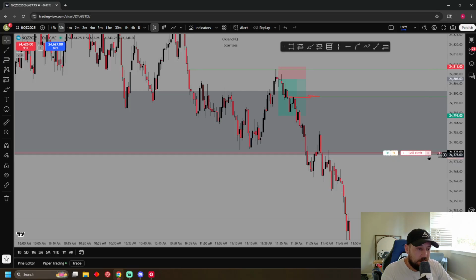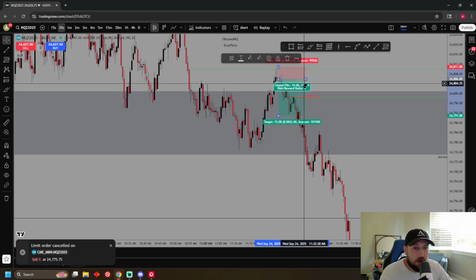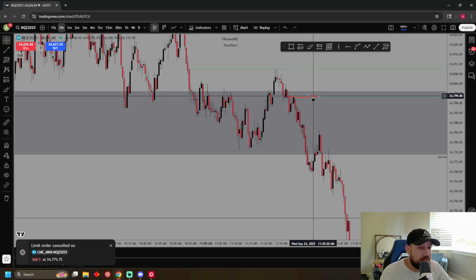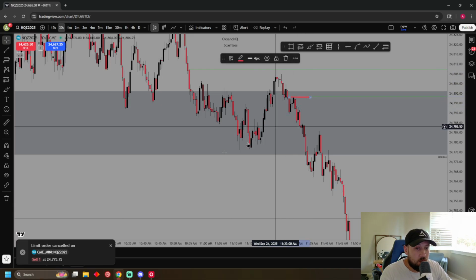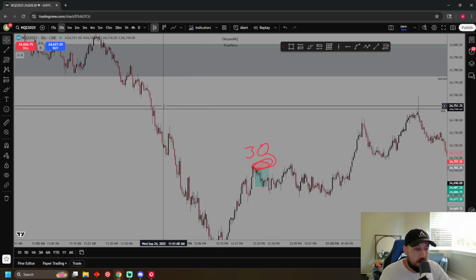So that is something I'm noting: the P15s appearing at the 30-minute mark and the 1-hour mark, to see if they are more high probability.